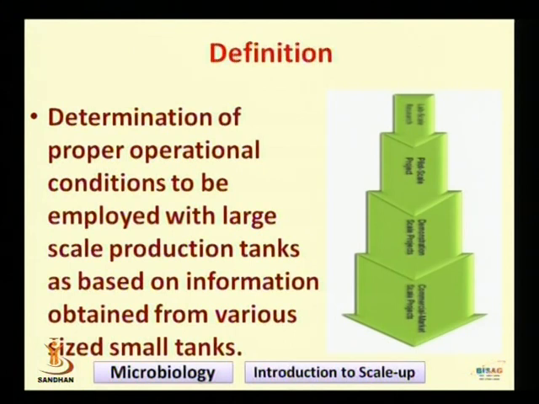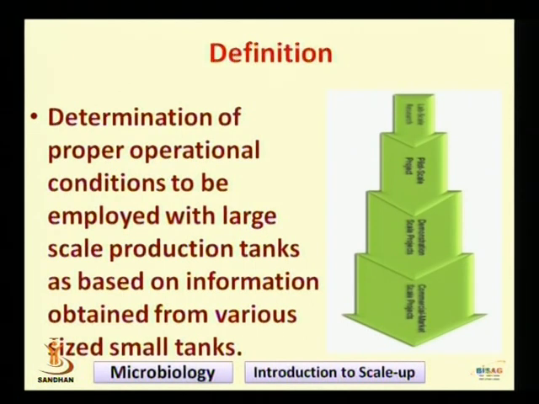As you can see in the figure kept side by side, it starts with the laboratory scale. If you remember the very first slide, which gave the overall idea of the scale up process, the process starts from the stock culture.